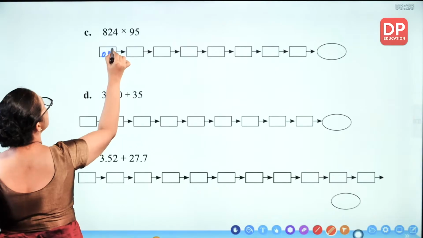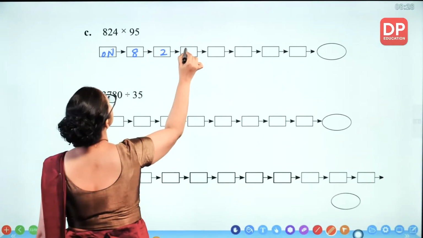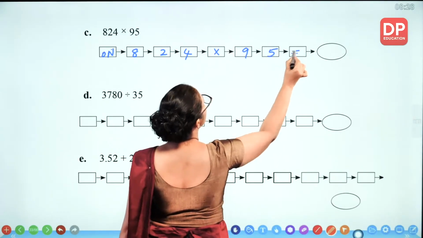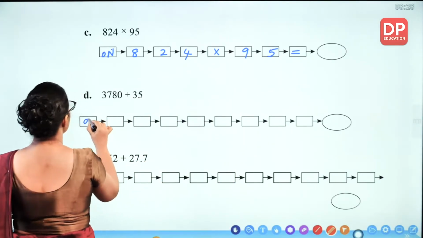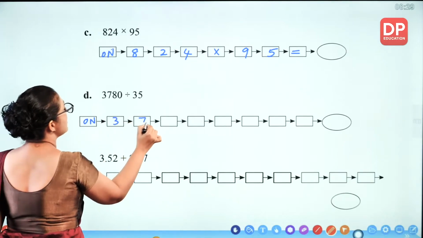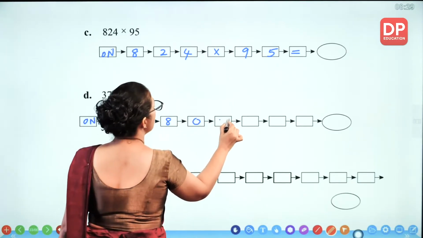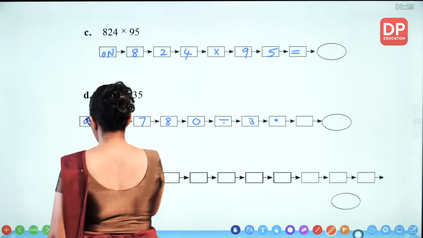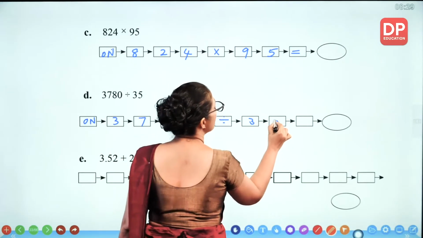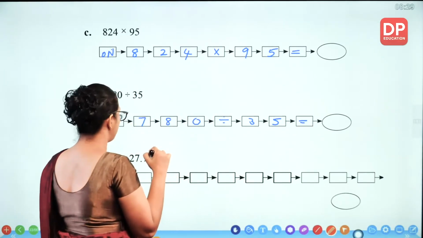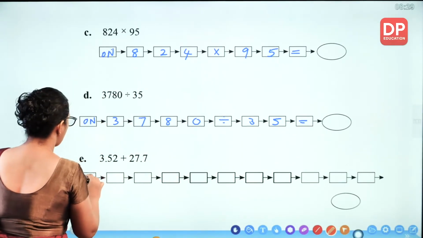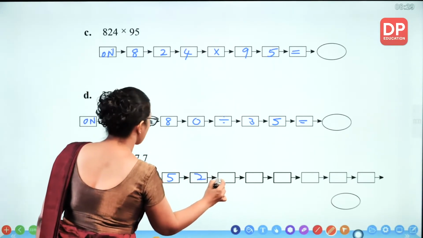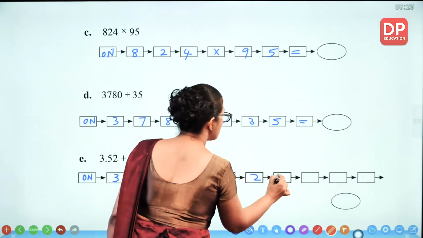824, switch on the calculator. 824 multiplied by 95. Here, switch on the calculator. 3780 divide by 35 and then equal sign. This one, switch on the calculator. 3.52 add 27.7.